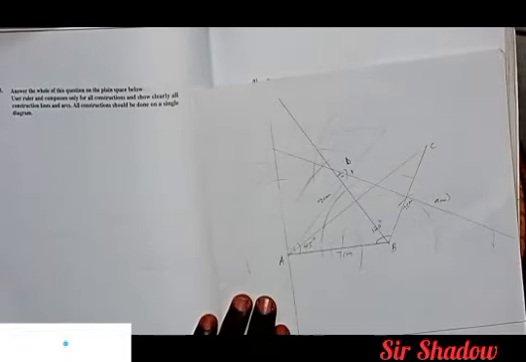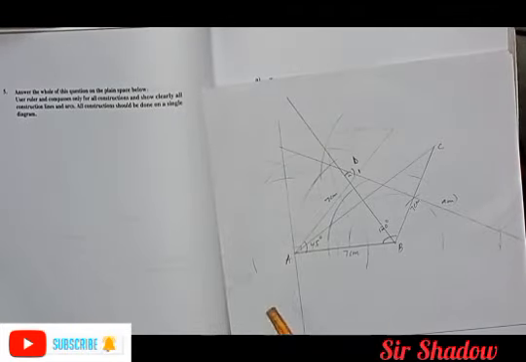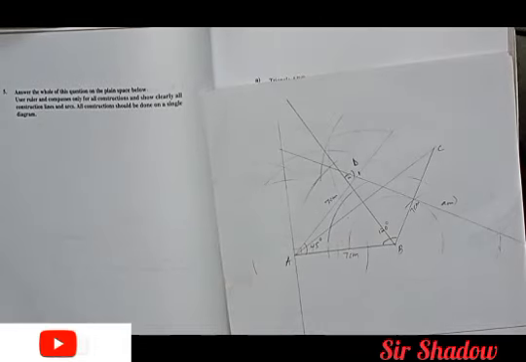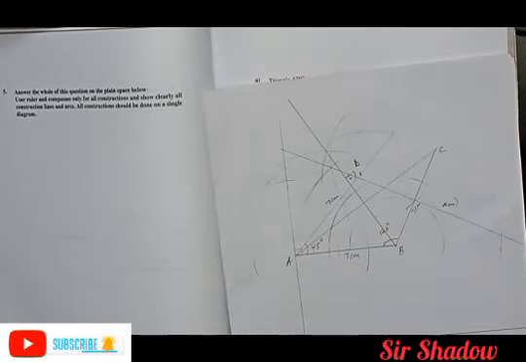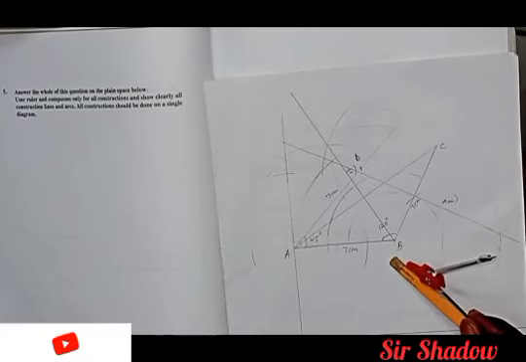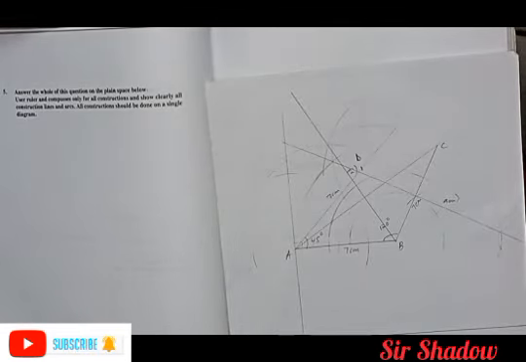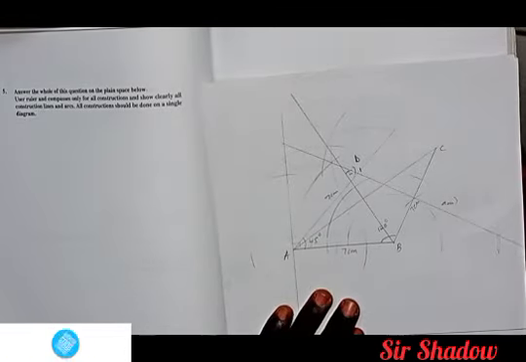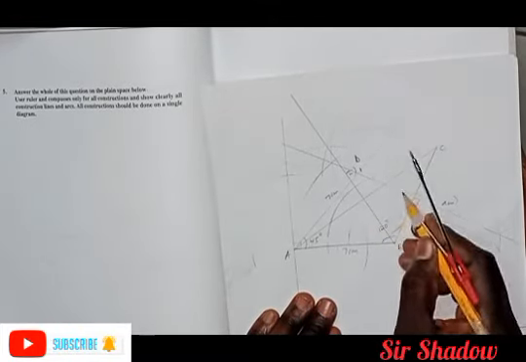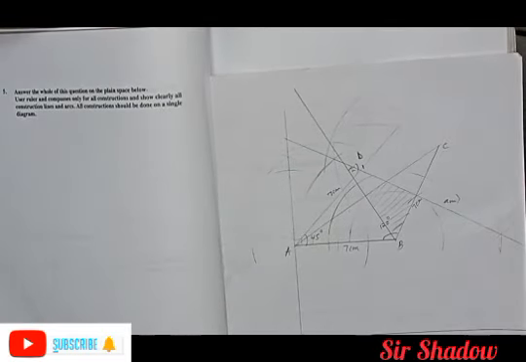So we are neglecting this part because this part is nearer to AB. But this is nearer to BC, which means the area we should shade is that one. This is the area we should shade.